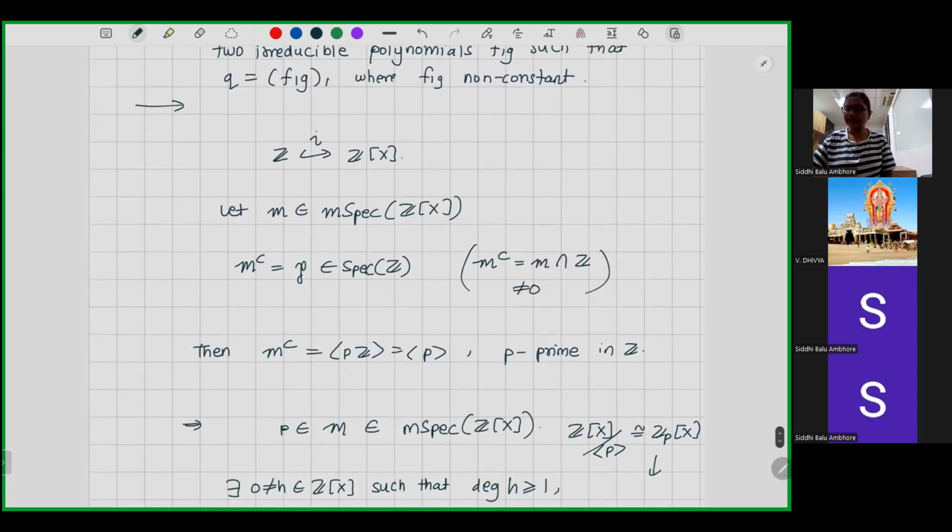This thing here actually needs some argument, some verification. When we start with some maximal ideal in ZXY, its contraction will always be some prime ideal and not the zero ideal. If it is a zero ideal, then what will happen?